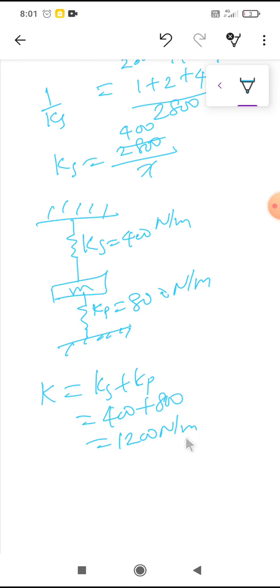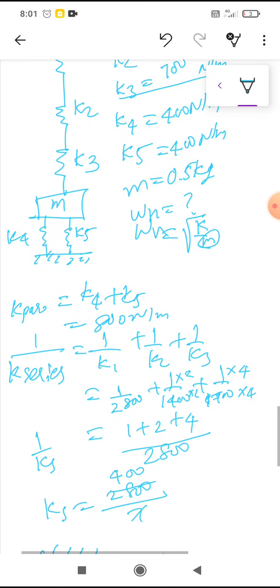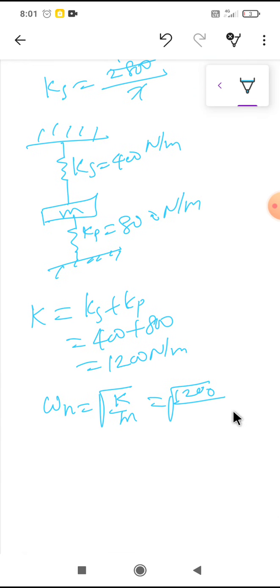But our example has not been solved yet. So what is the formula? We need to find the natural frequency, so omega is under root k by m. What is k? K is 1200, and m is 0.5 kg. If I solve this, 1200 divided by 0.5, and 0.5 is 1 by 2, so it will be multiplied by 2, that is 2400 under root.